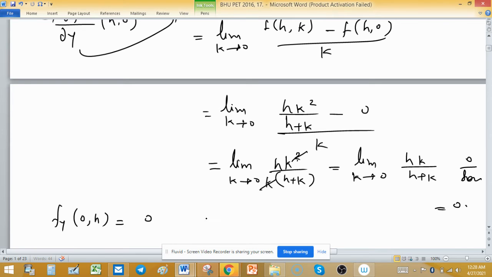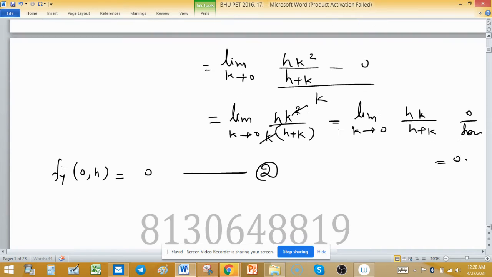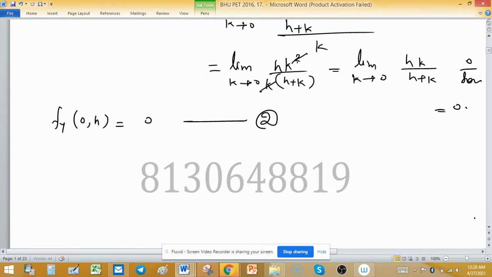We will put this value in principal equation 1. Now the second one: we have to find f_y at (0, 0), which is used in equation 1. It will be a limit, because we are finding the partial derivative with respect to y.